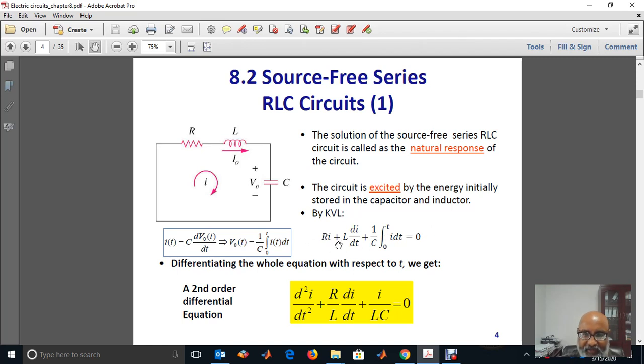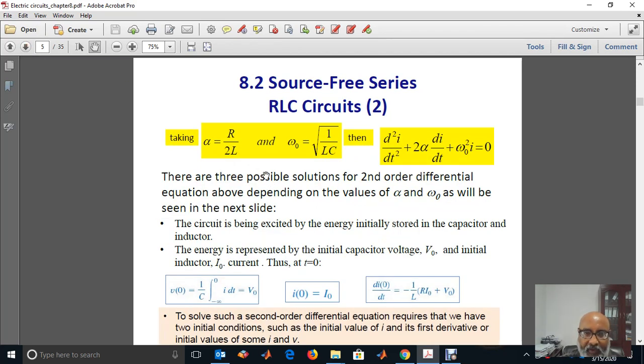This becomes R di by dt, L times the second derivative of I, and 1 over C times the derivative of the integration, which cancels, leaving I over C. After rearranging, we have this second order differential equation, and the parameter of interest is the current I through the circuit.